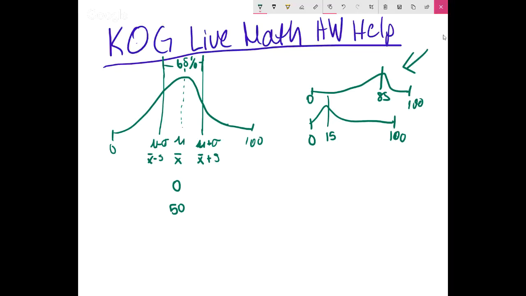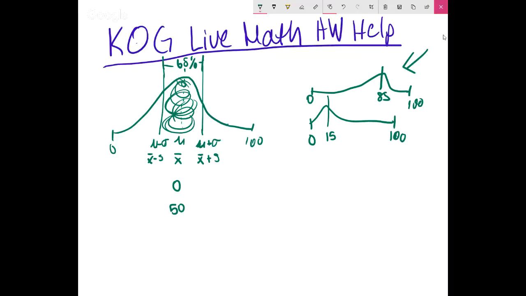68% is in between. 68% of the people got around the mean. So this is exactly the mean. All this space in here is around the mean.